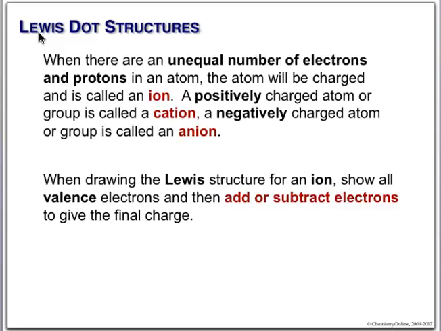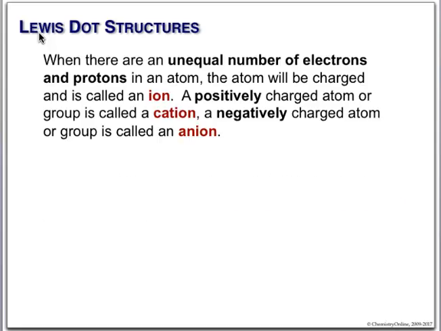If it has a positive charge, that means it has fewer electrons than it does protons, that's going to be a cation. If it's negatively charged, so it has extra electrons, it's an anion. Now the way you draw a Lewis structure for a cation or an anion is to simply start off with a neutral substance and add or subtract electrons. That's all you have to do.